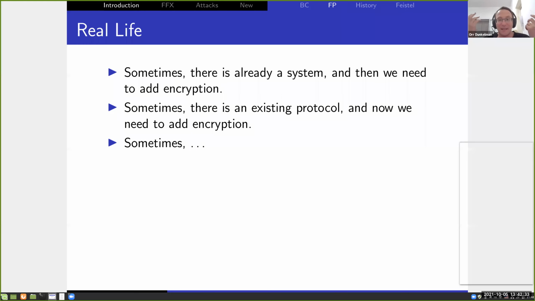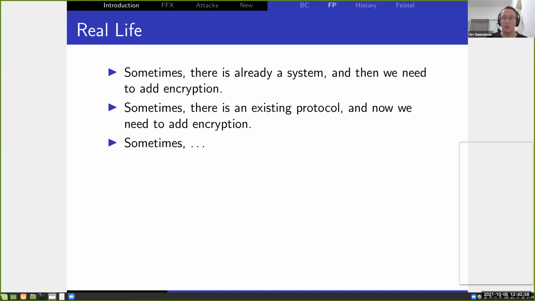So the thing is, think of a system, a real life system or a real life protocol, and it already exists. And now you need to add encryption. And here's the tricky part. Think, for example, of a database that stores values.